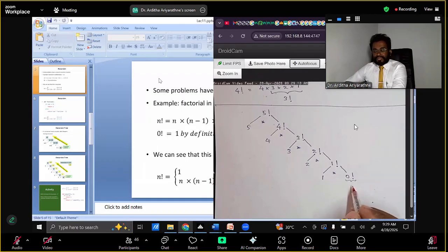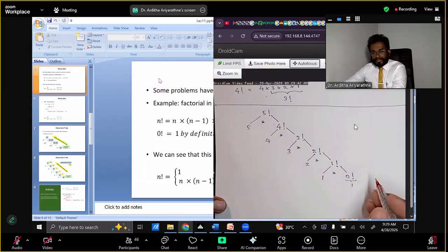We have to stop, but this is not the end. What we are stopping is calling the same function again and again. Now we know factorial 0 means 1. Now the answer is 1. Then we are going back.